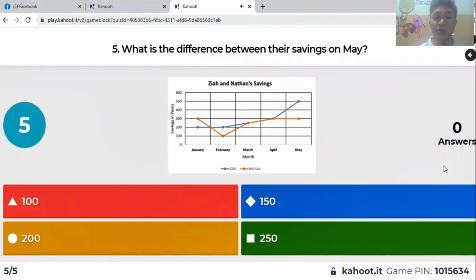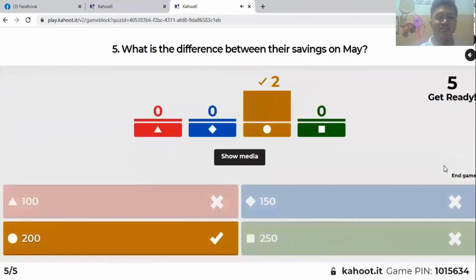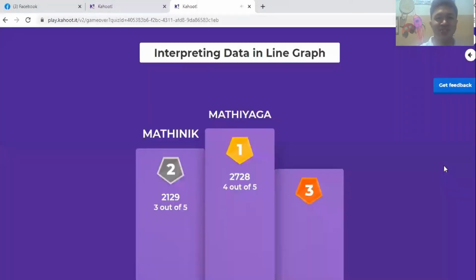Let us see who will be the winner for this game. Okay, so the correct answer is 200, and the two teams got it right. So our winner is Team Matchaga with 2,728 points, and the second is Team Matinik with 2,129.